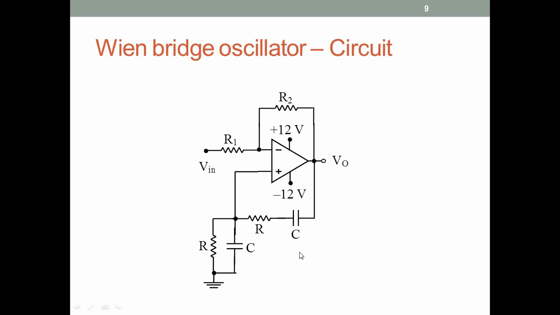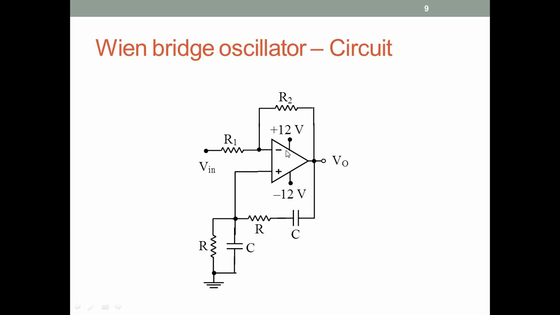Okay, so here is the Wien-Bridge circuit. So it has an amplifier. For us, we'll use an op-amp. Of course, remember when Hewlett and Packard designed this circuit in 1937, there were no op-amps. In fact, there were no transistors. Transistors were invented in 1947.